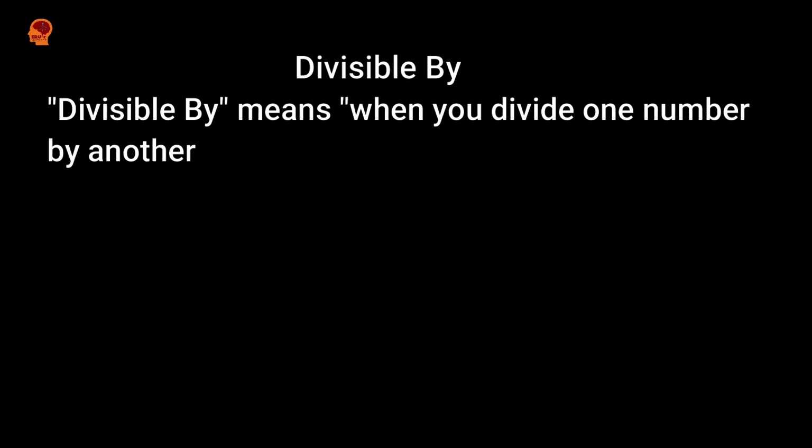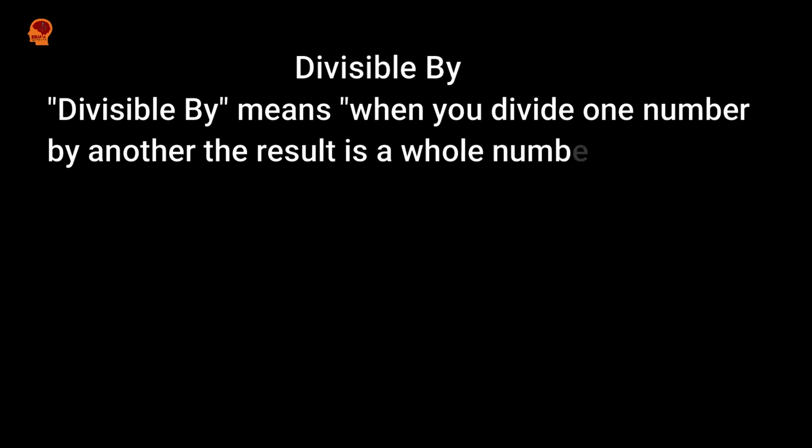This means when you divide one number by another number, the result is a whole number. So when the result isn't a whole number, then division hasn't taken place, or it is not correct. Let me put it that way.